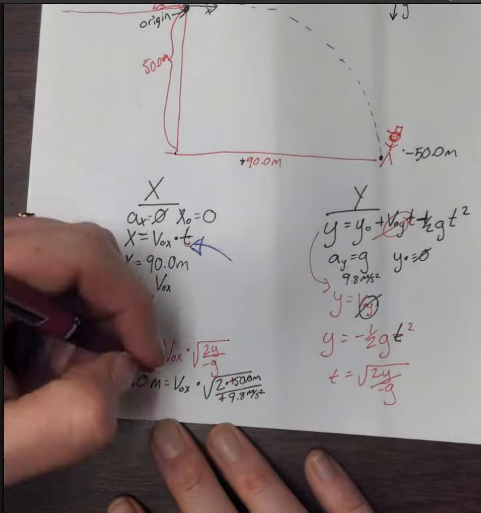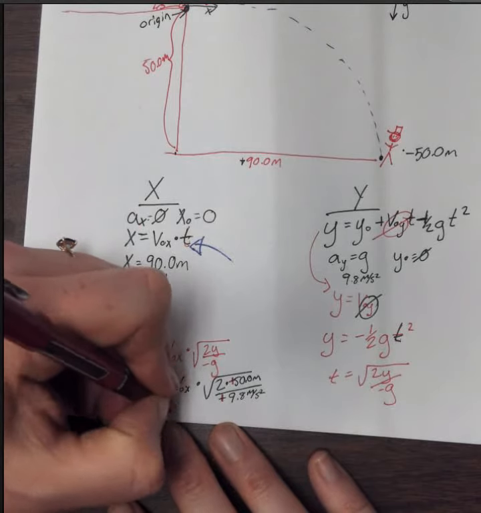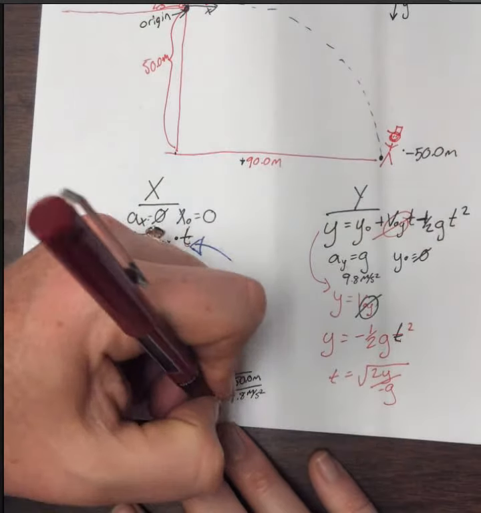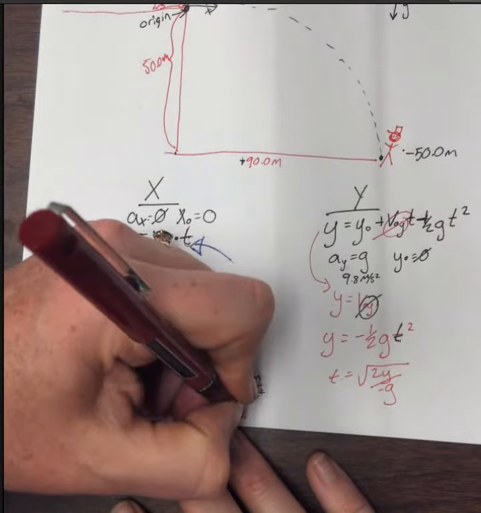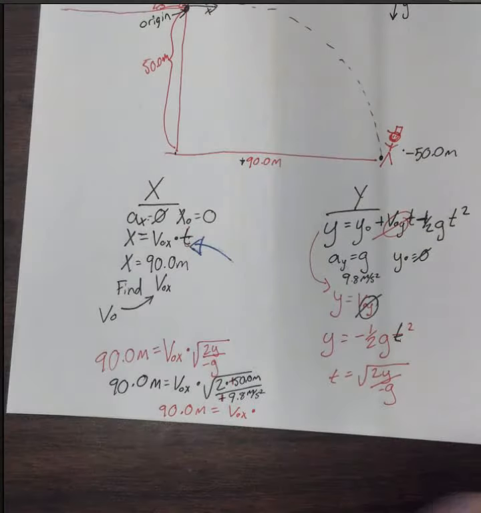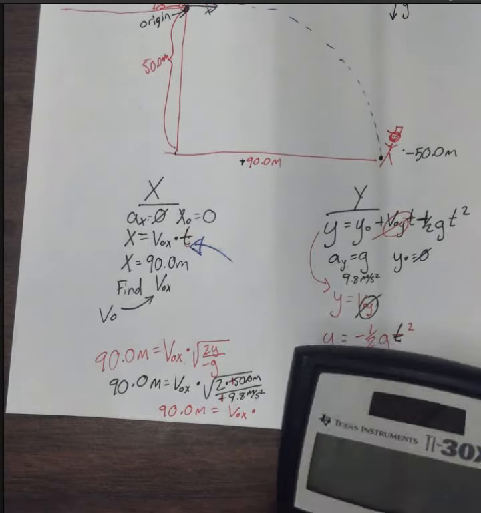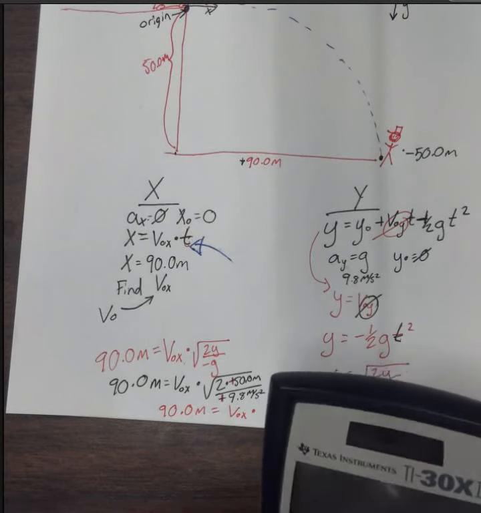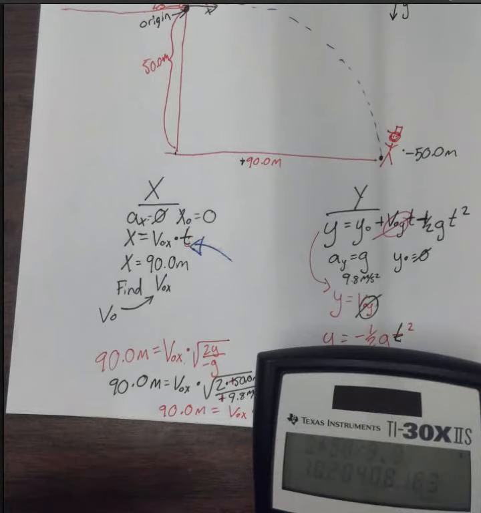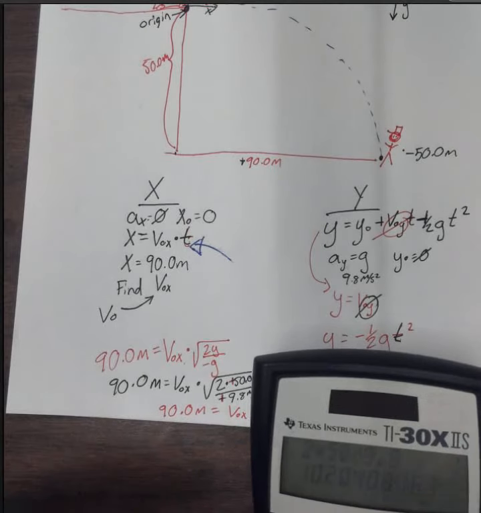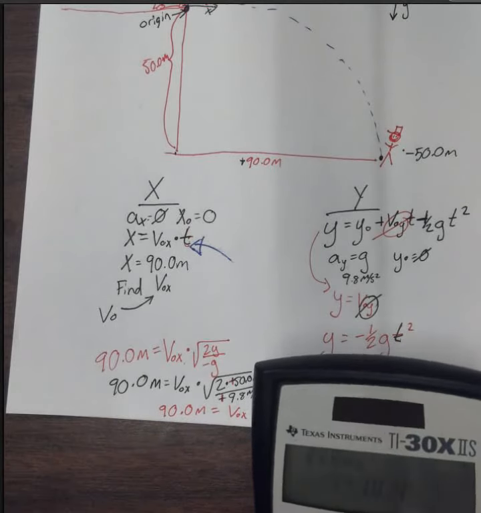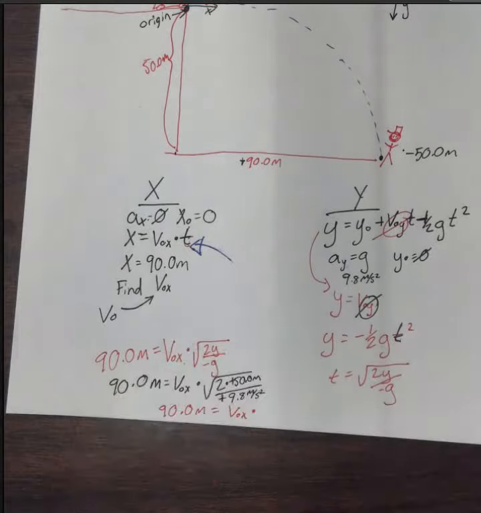And so the problem becomes 90.0 meters is going to be equal to v naught x times, and we can resolve what's inside of the square root. So we have 2 times 50 divided by 9.8. And we can do the square root of that value, which is 3.19 seconds.